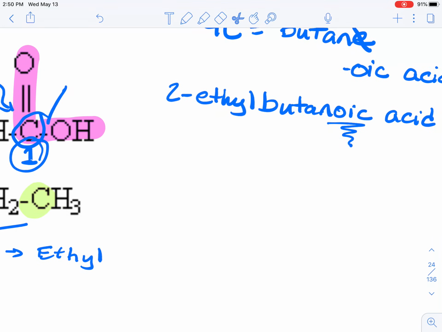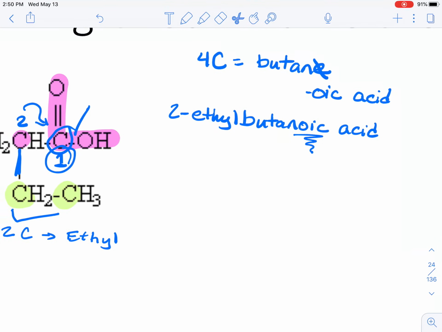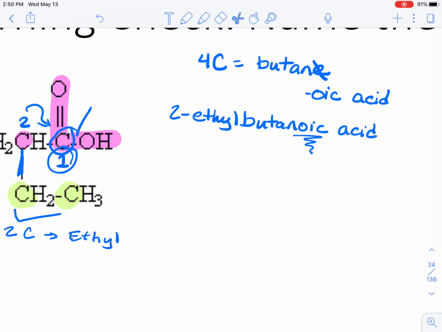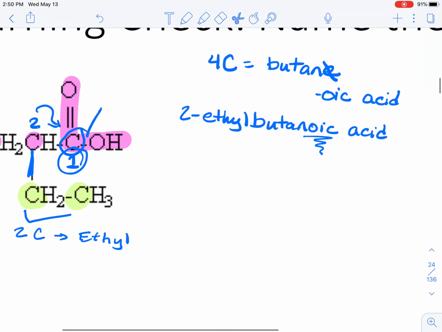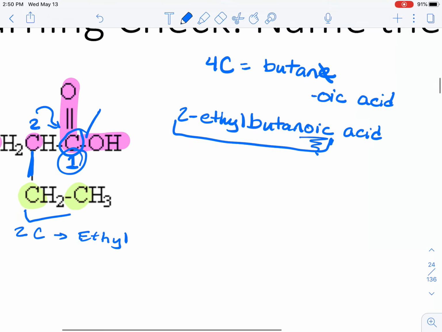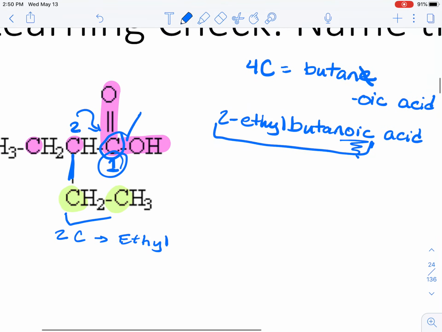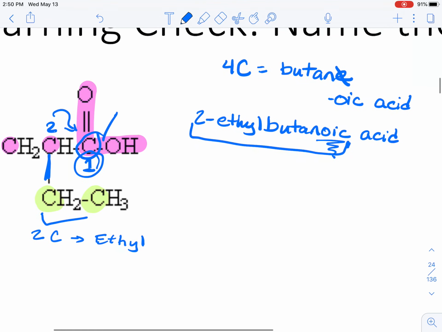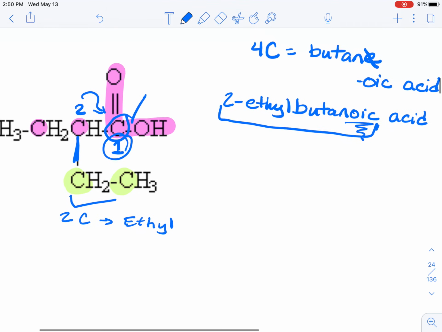And so we are going to move everything to the right so that we only get one word. Well, not one word. Technically there are 2 words, but this whole piece right here is just 1 word. And so our answer is going to be 2-ethyl butanoic acid.